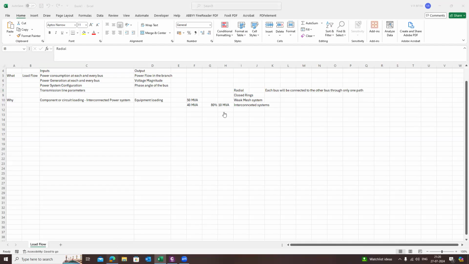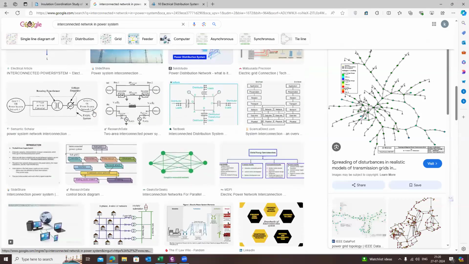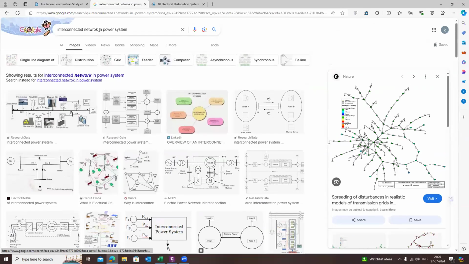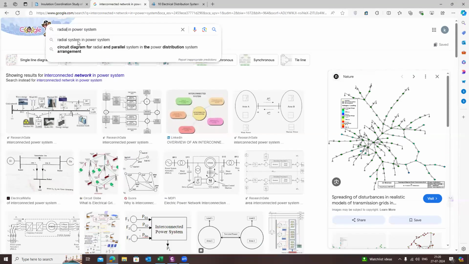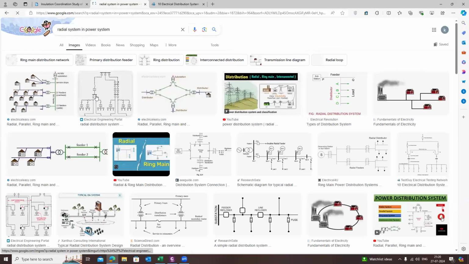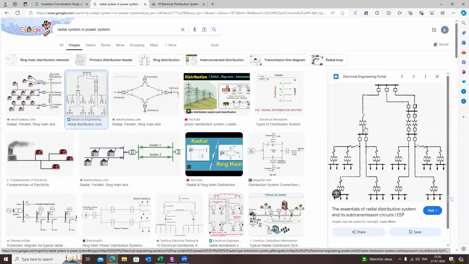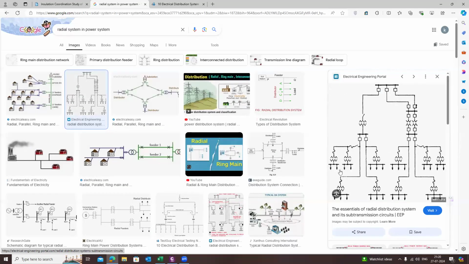Yes. So where is the radial system? Let me take this example here. Why is the load flow not required in the radial system?